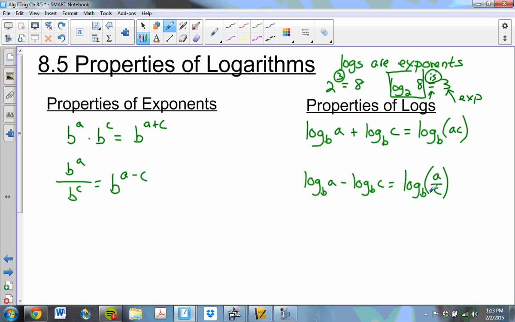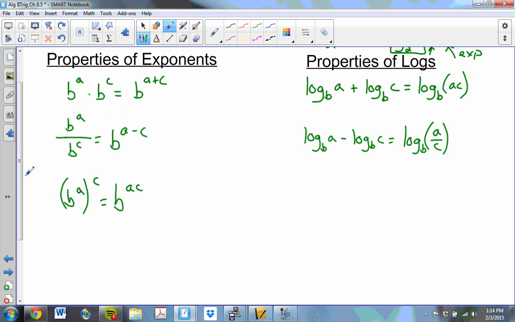The third one is the really, really useful one. I'm going to start with the exponent one. The exponent rule would be, let's stick with our base, b to the a, to the c becomes b to the a times c. That's the exponent rule. Well, over here in logs, this is a very, very useful property of logs.